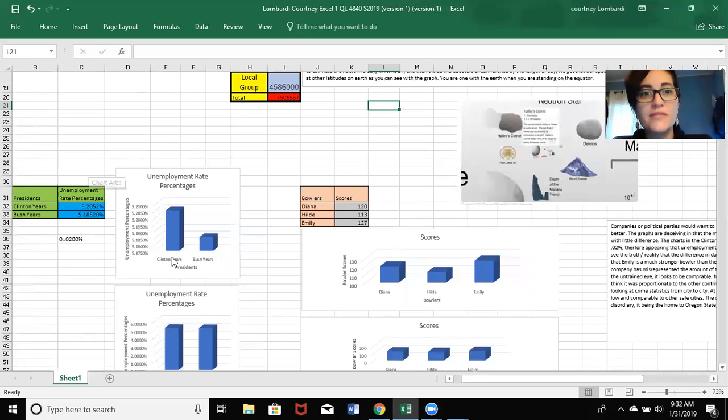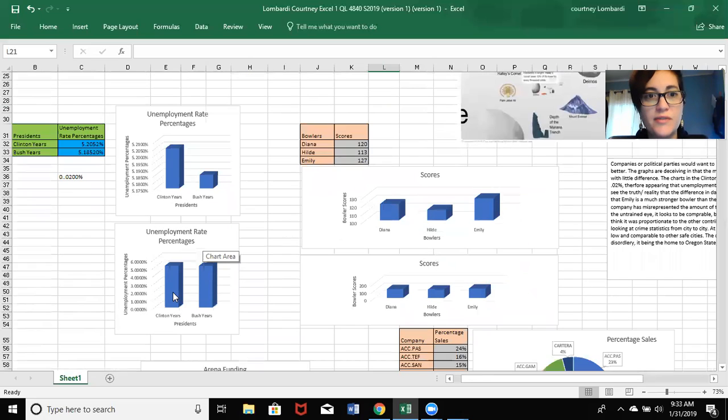On this graph, it looks extreme that unemployment during Clinton's administration was outrageous, and Bush had much lower unemployment rates. But they've tricked us. They started their y-axis at 0.02, and so it looks like there's a huge gap between them. If you set the y-axis at 0, you can see that there's really not much difference.